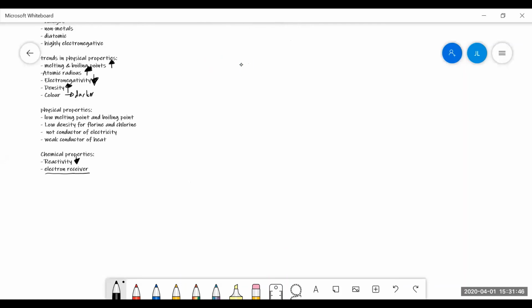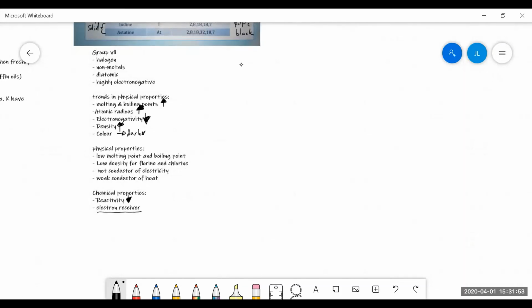If you understand, then lastly, you look at how each element reacts with other chemicals, which is in your sheets. I will not go through that with you.